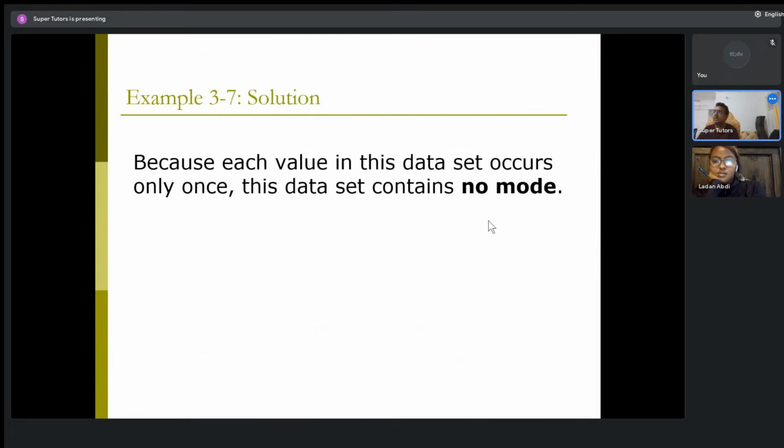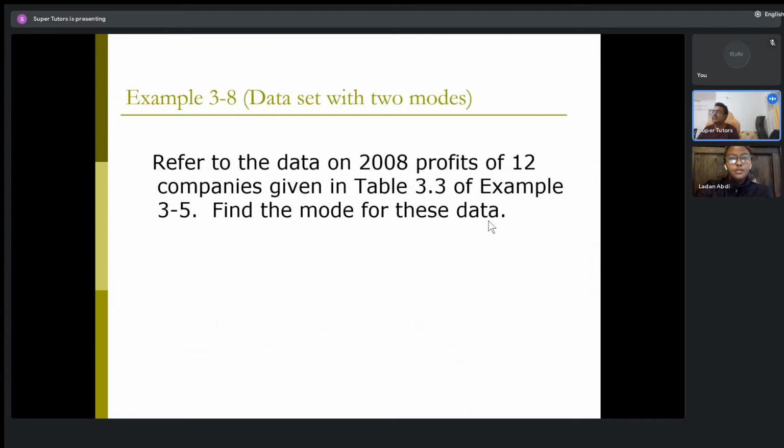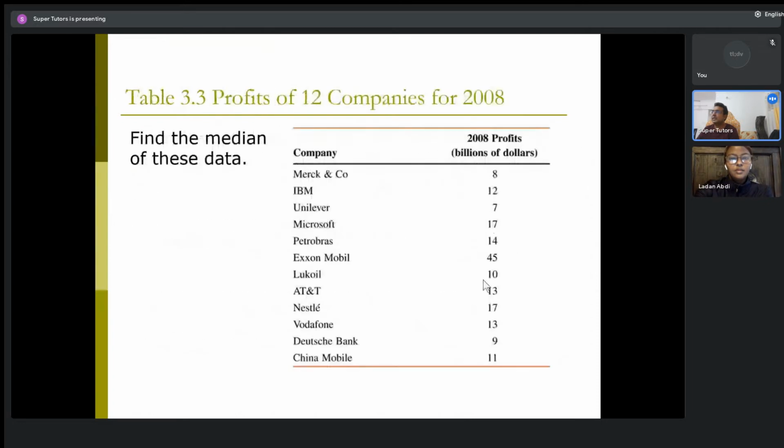How about the previous example about the mean? Can you find the mode here? Which are the most frequently occurring values or value? If you look at it, there are two 13s, right?